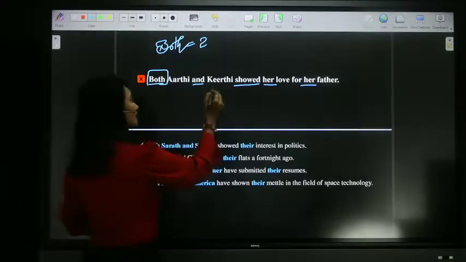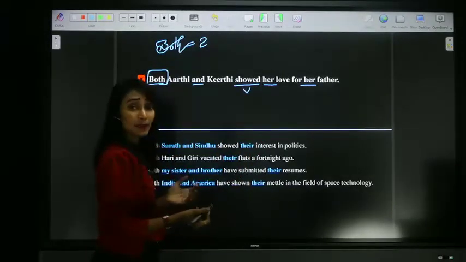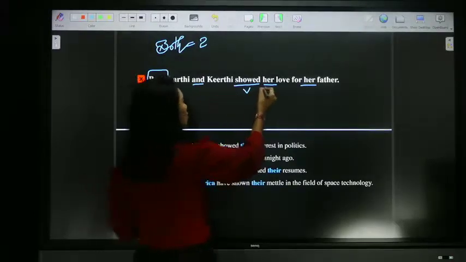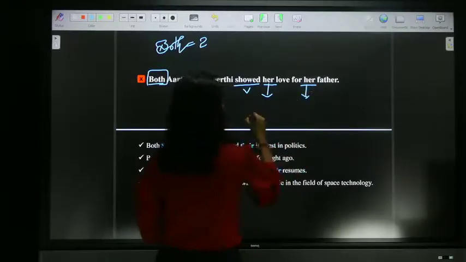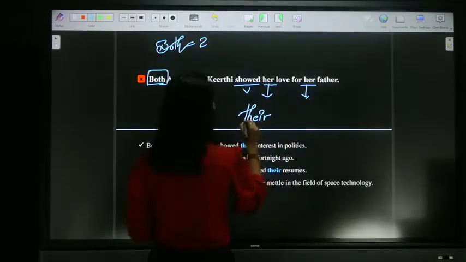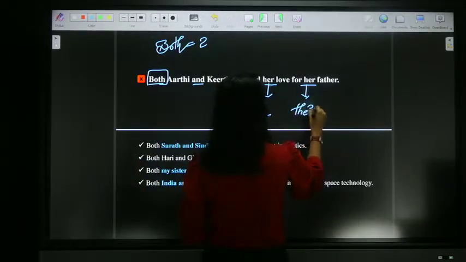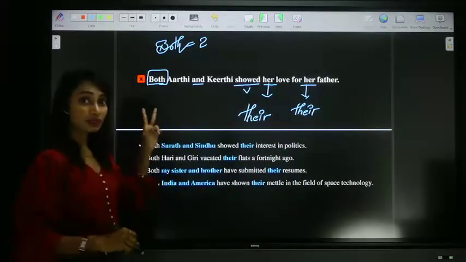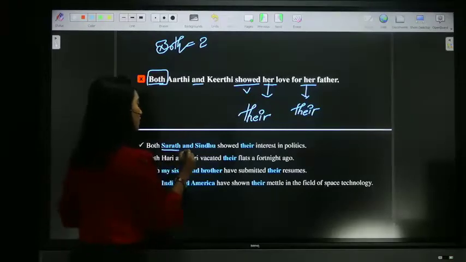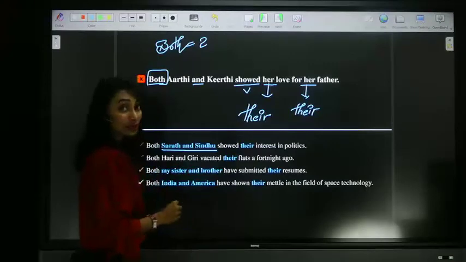So both Aarti and Kirti showed, here the verb showed is in past tense. In past tense, singular and plural are the same. So both Aarti and Kirti showed, we require plural here: their love for their father. Two girls, so plural. Now look at this. Both Sharath and Sindhu, two, showed their interest in politics.